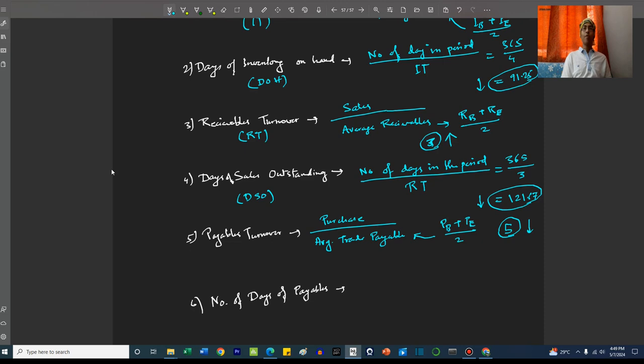Number of days payables. This is basically the number of days in the period divided by payables turnover.